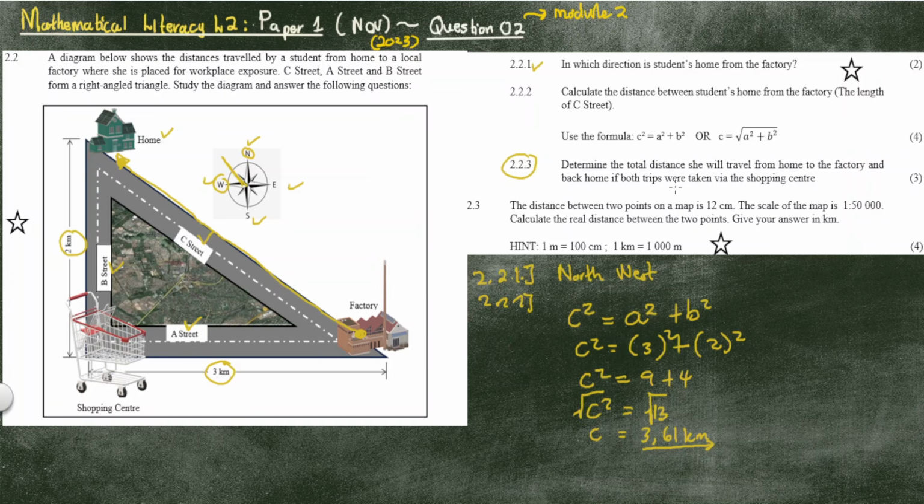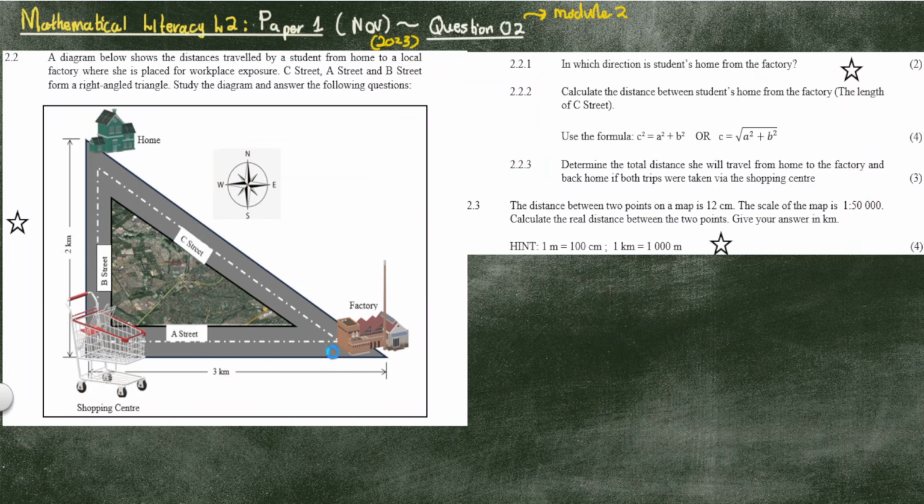Now 2.2.3, determine the total distance she will travel from home to the factory and back home if both trips were taken via the shopping center. Interesting. Via the shopping center. Let's read the question one more time. Determine the total distance you will travel from home to the factory via the shopping center.